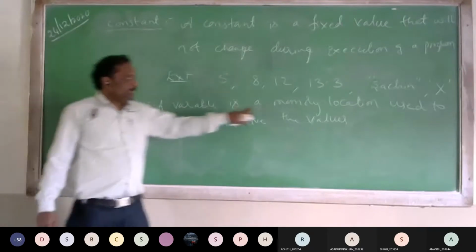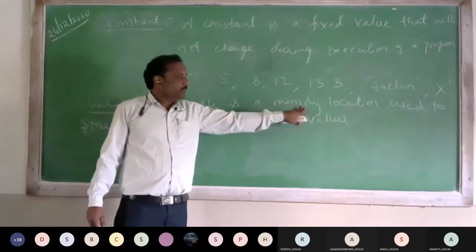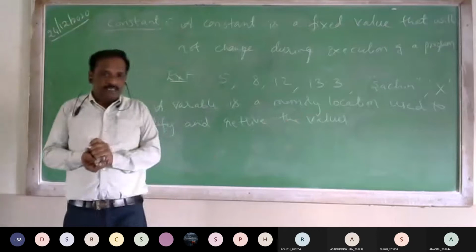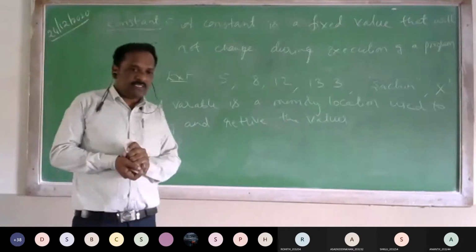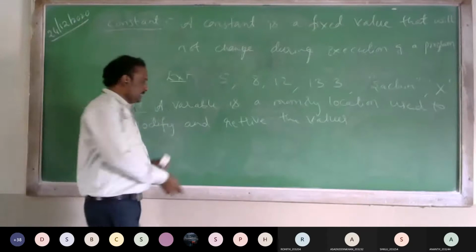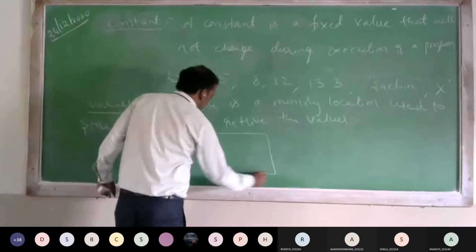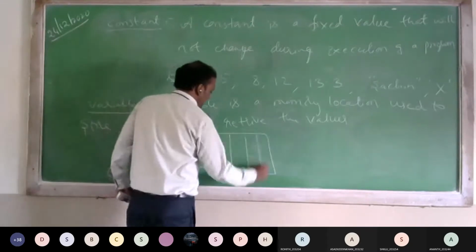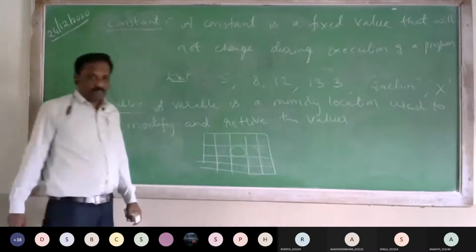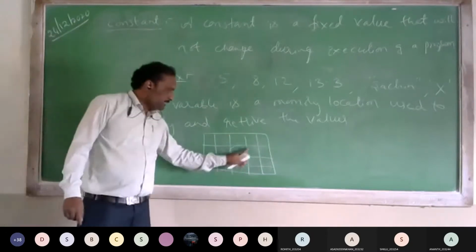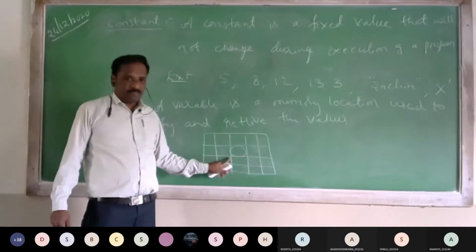So a variable is nothing but a memory location. When we run the program, where are the values stored? Inside the memory. Say this is the entire memory. Our values might be stored in this location. This location is called a variable.